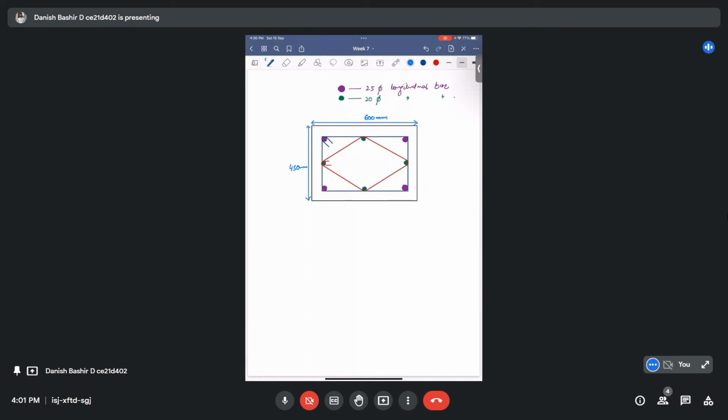We provided these ties as 8 mm at 300 center to center, and these are staggered.